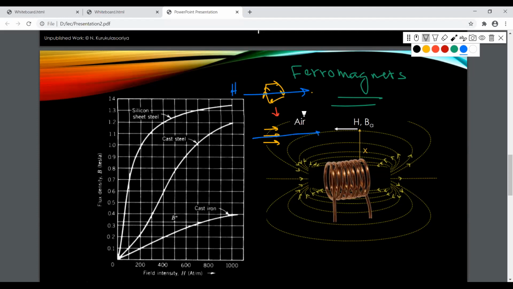This makes the material able to propagate this magnetizing force, or the magnetic field intensity, forward.